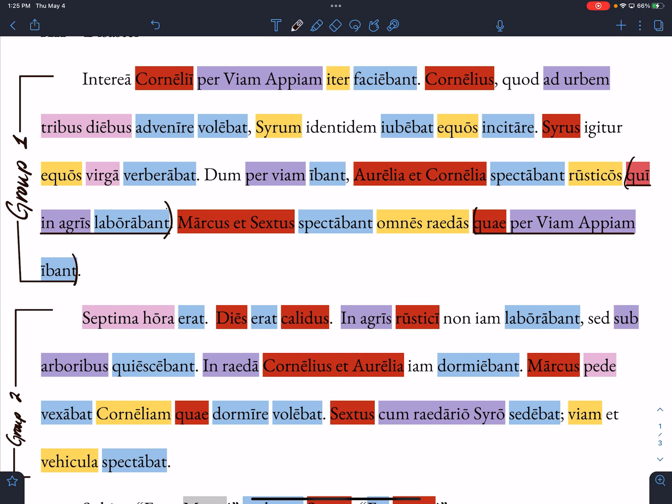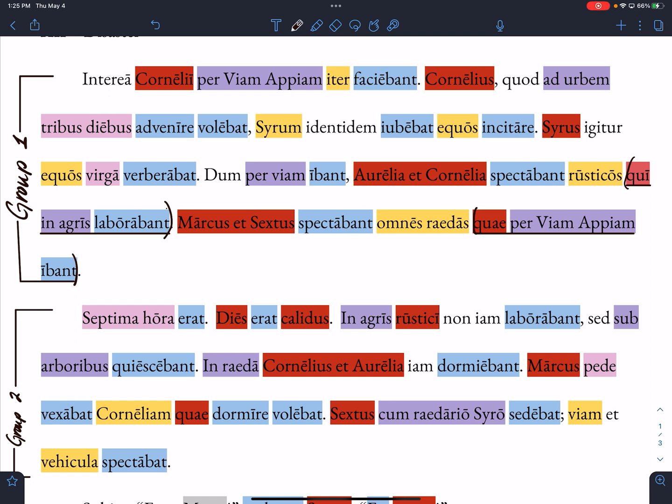Translation. Okay, group 1, would you mind slowly leading us through a translation of section 1, please? Should we take turns? I think so. I just said like the Cornelius. That's fine.